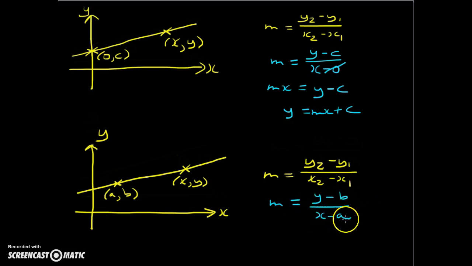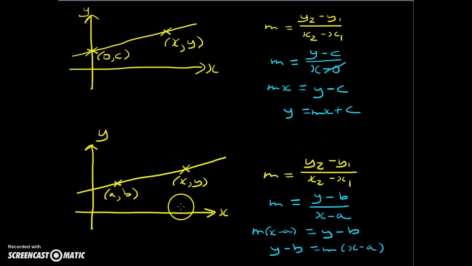We're going to get rid of the x minus a on the denominator. So it's divided by x minus a, so we must multiply both sides by x minus a. And that's almost in the form we tend to read it, just put it the other way around. So y minus b equals m brackets x minus a.